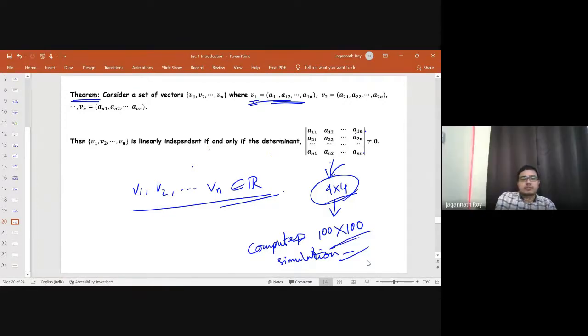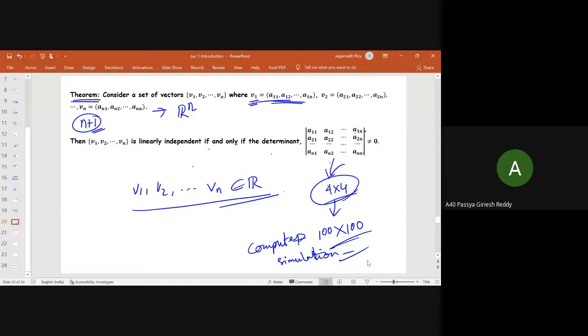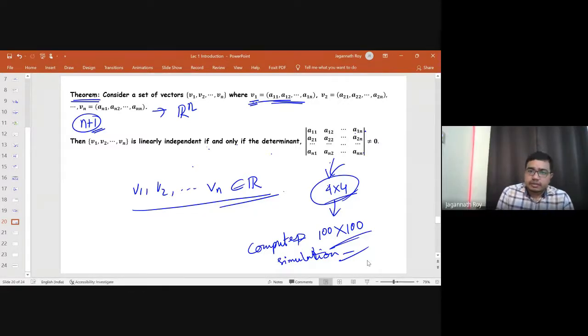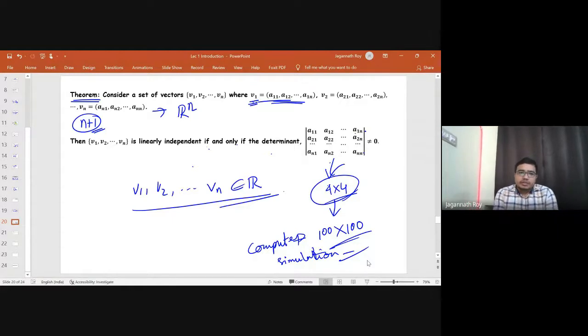For example, if you have n dimensions, and you are asking about n plus 1 vectors. Yes, sir. Each has n dimensions, but the number of vectors is n plus 1.